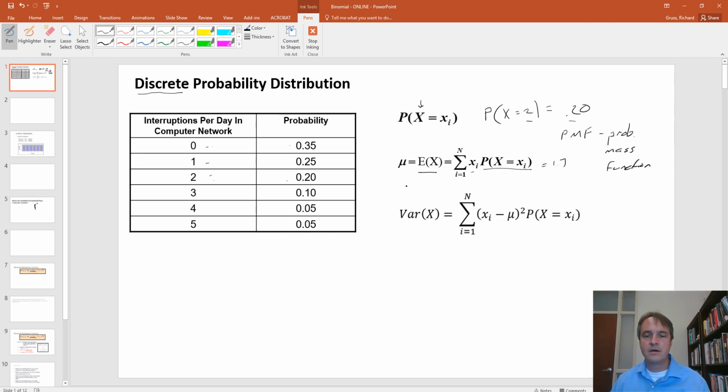The other thing we were able to do is to come up with a number for the variance. In this case, we also started with the probability mass function for each of the outcomes, and then multiplied it by the squared deviation of that outcome from the expected value, from the mean.